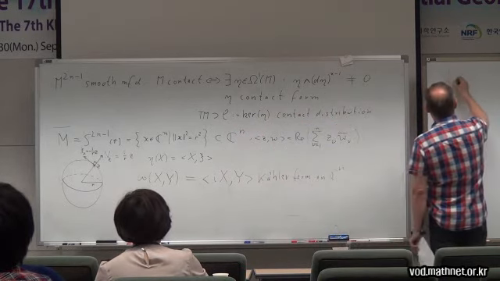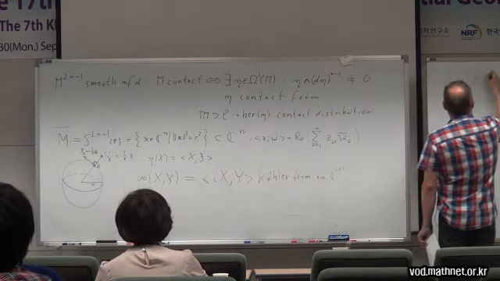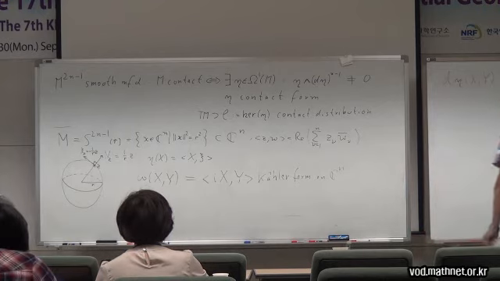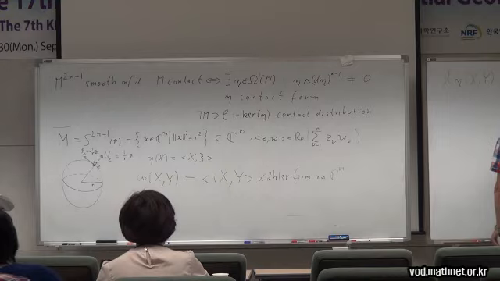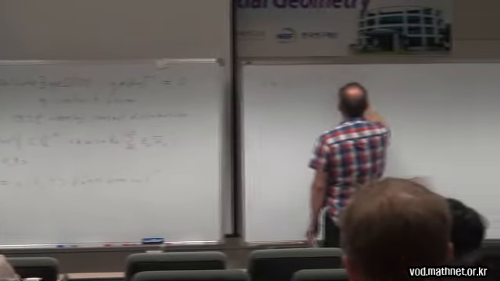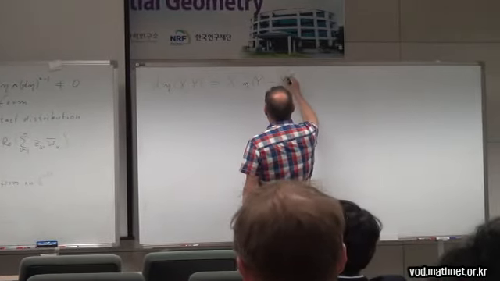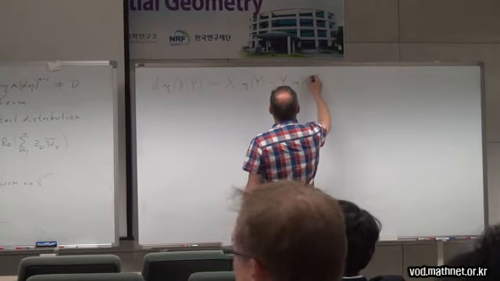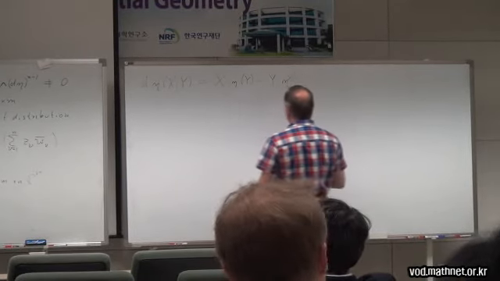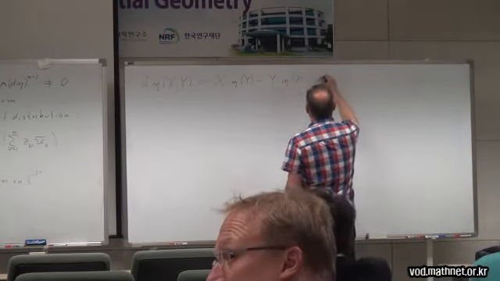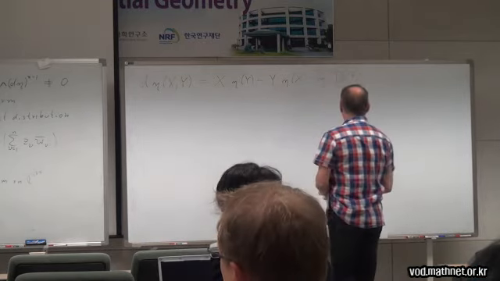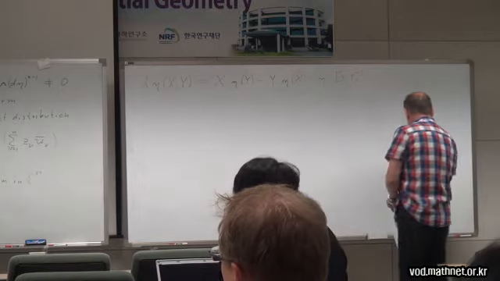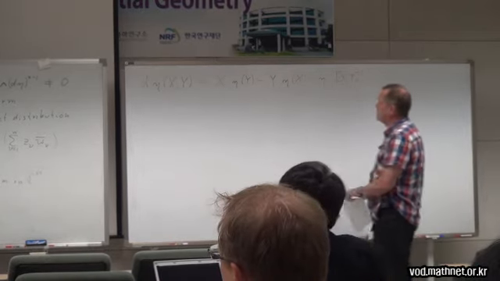And now let's start to work out d eta. So you get d eta by definition. We first differentiate eta of y with respect to x. Then we differentiate eta of x with respect to y, minus this and minus eta of the bracket of x and y.